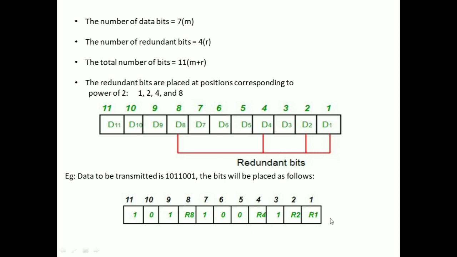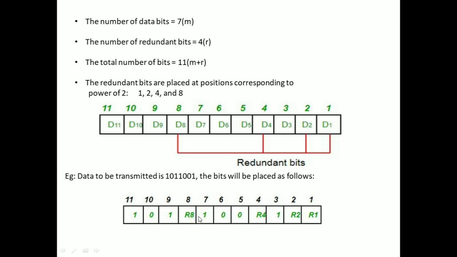We have to determine the value at R1, R2, R4 and R8. After determining these values, we will fill those positions with either 1 or 0. To fill R1 with 1 or 0 we have to follow a procedure, and to fill R2 with 1 or 0 we have to follow a procedure. Similarly for R4 and R8.